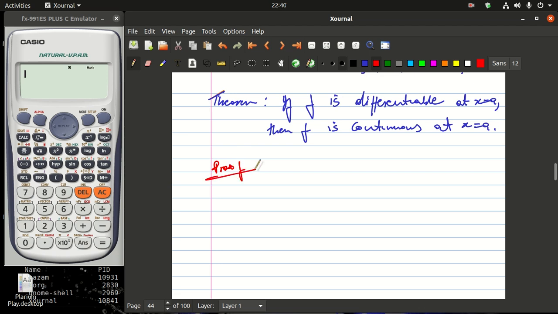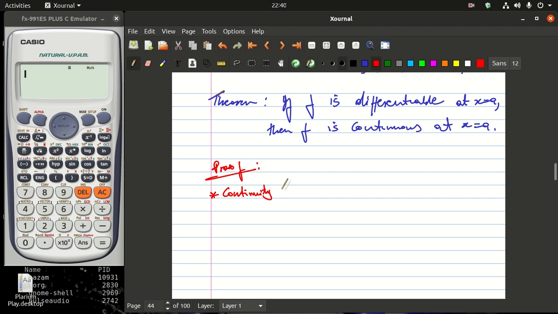Proof. I'm just going to give a quick overview that this is true. What we are going to do here is not that hard. To prove that something is continuous, we know the conditions for continuity.